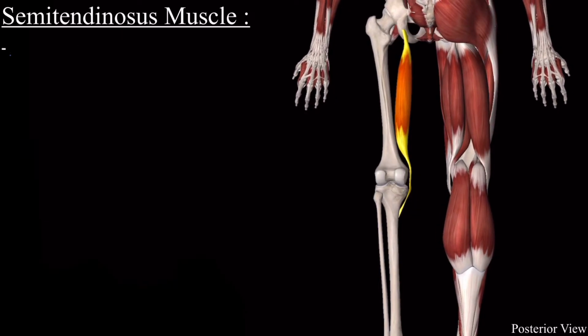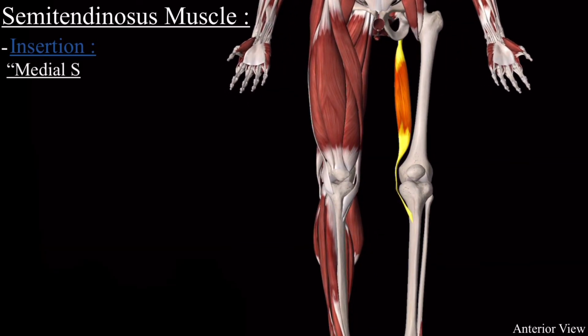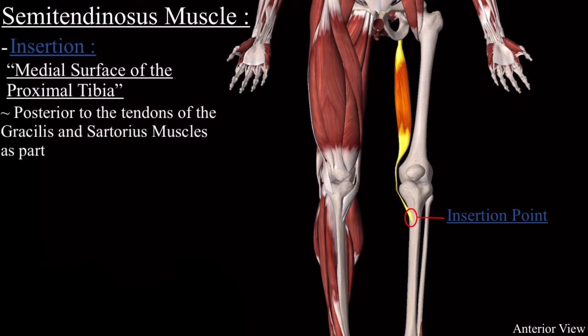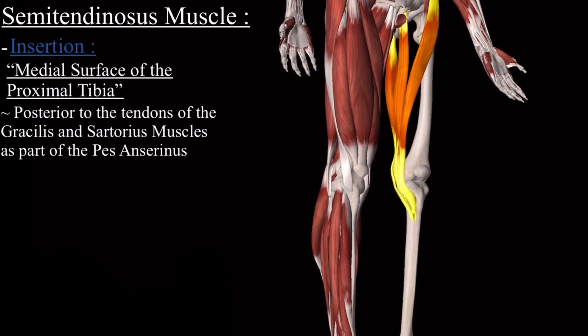Next is the insertion. It is inserted on the medial surface of the proximal tibia, posterior to the insertion of gracilis and sartorius muscle as part of pes anserinus. Pes anserinus is the collection of three tendons that are inserted on the medial surface of the proximal tibia.